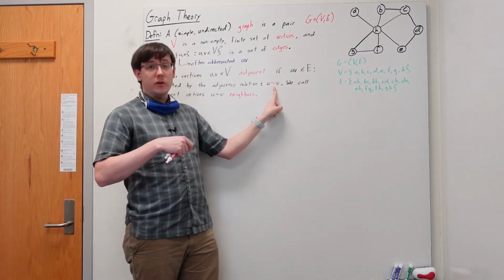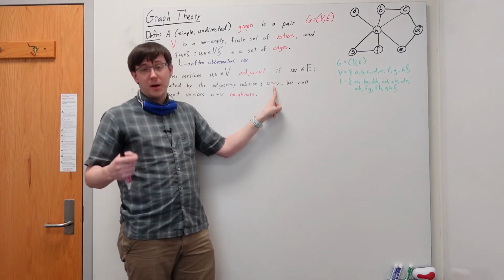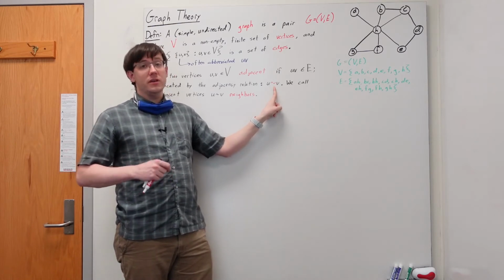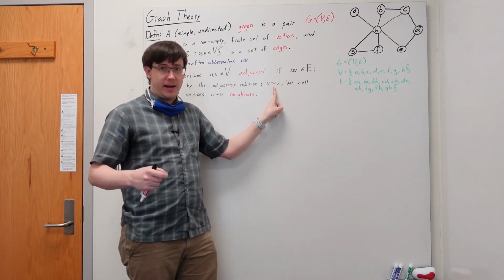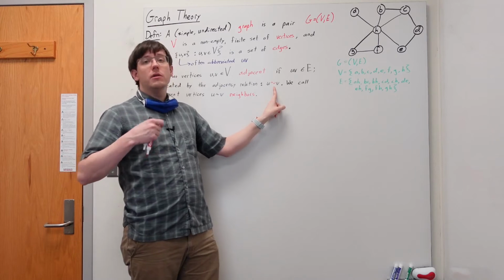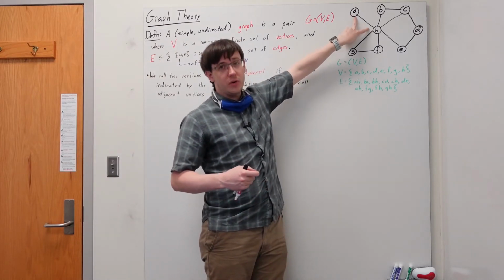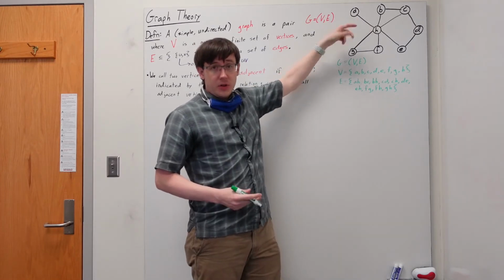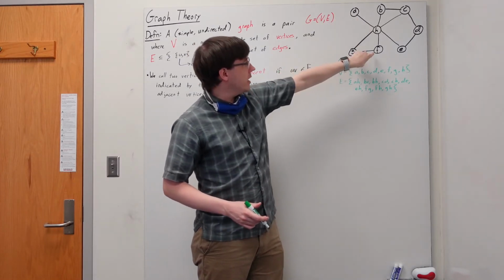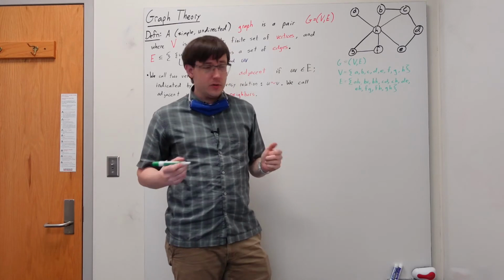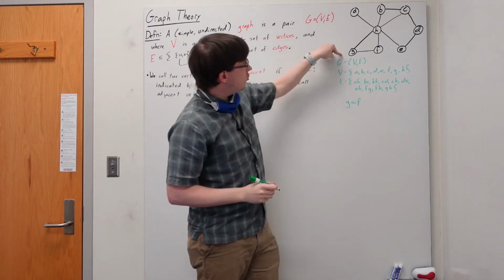So two vertices are related by this operator if there is an edge between them in the graph. And if two vertices are adjacent, then we say that they are neighbors.